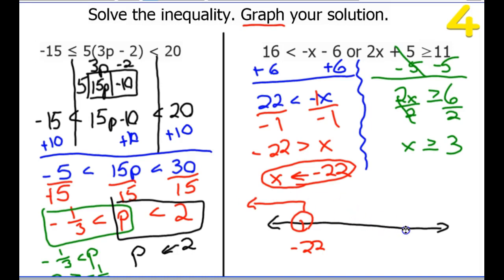And our greater one is 3. This one is a closed circle because it's got a line underneath it. So draw a closed circle at 3. And this arrow is pointing to the right. So we have arrows pointing away from each other. So it's an or inequality.